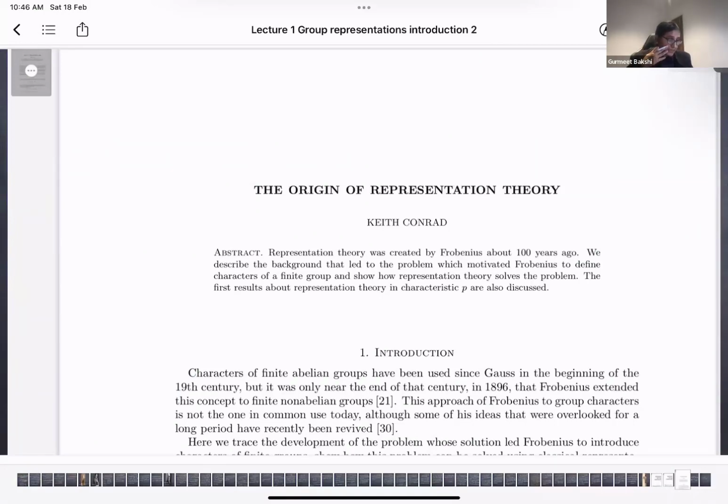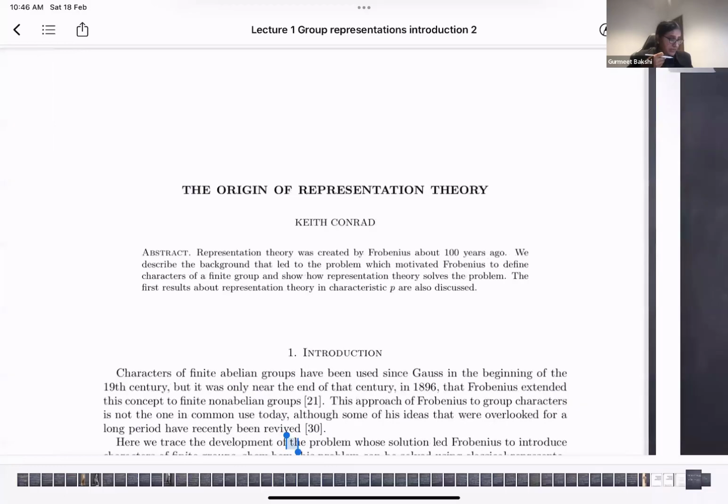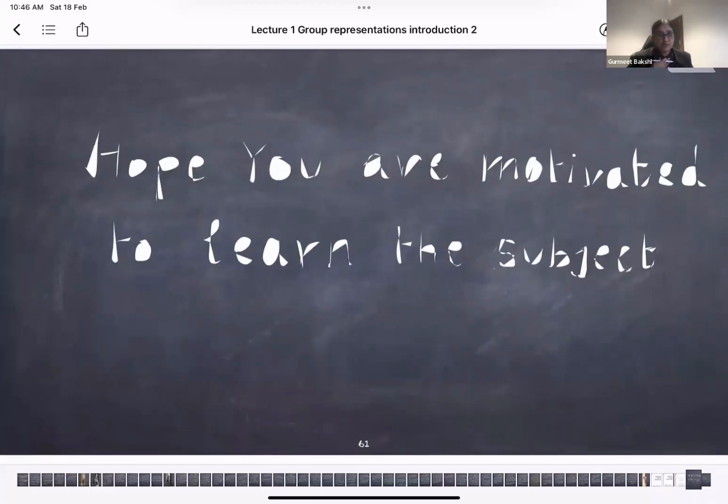You will like reading these articles, and you will get more information on this, because I just gave you a snapshot just to create the interest. But if you want to read more, you will get interested in the history, and I hope you are motivated to learn the subject.